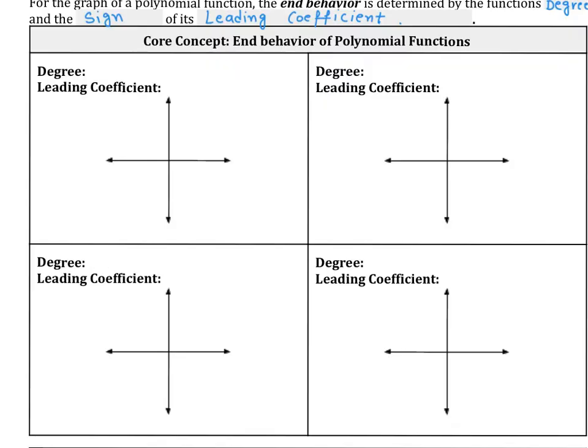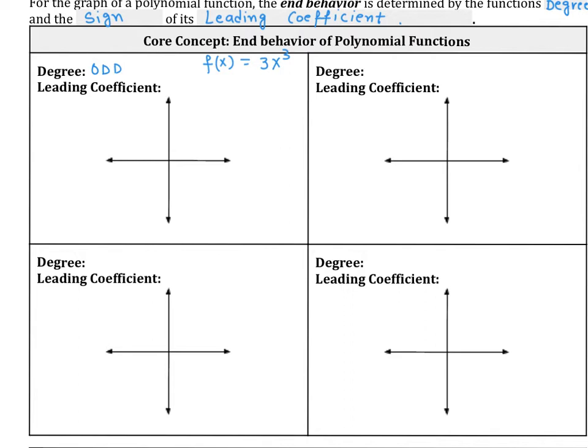Core concept and behavior of polynomial functions. So first we are going to use an odd function, or we can use any odd function. For example, we are going to use the x to the power 3 function. So f of x equals 3x to the power 3.